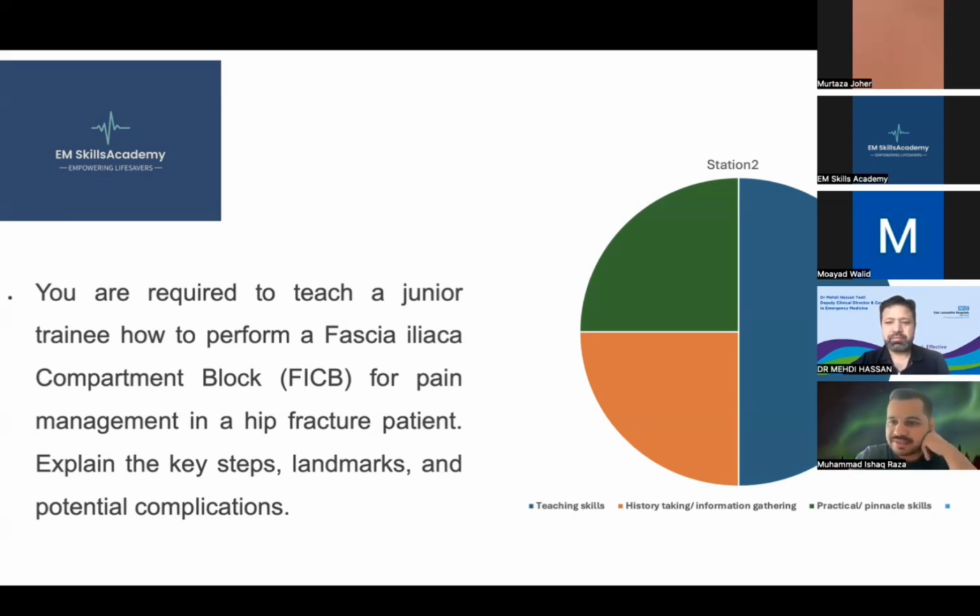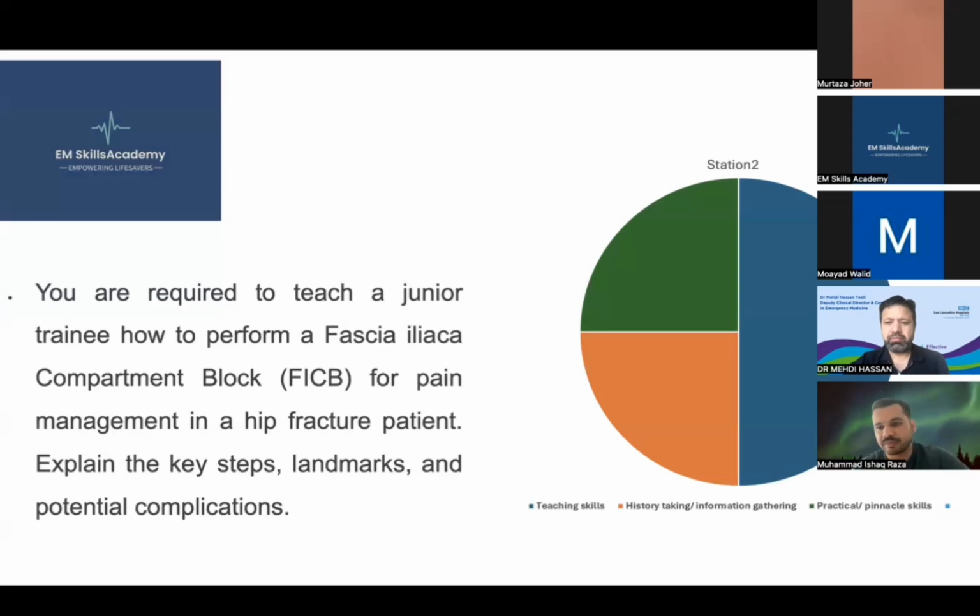Right. So let's set some goals for today's teaching. Basically, we need to know what actually a block is. This is a regional block that we give. We'll go through the indications, the conditions where we need to give this block to patients. Then we should familiarize ourselves with the equipment that we need. Sometimes we might need ultrasound-guided blocks.